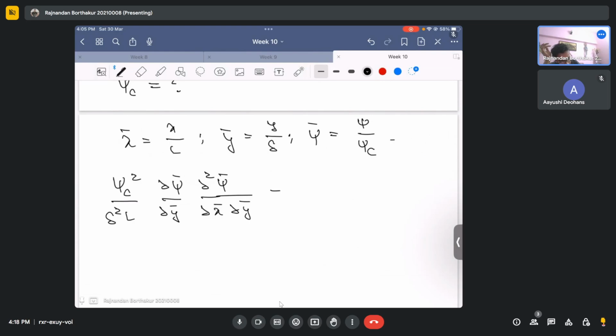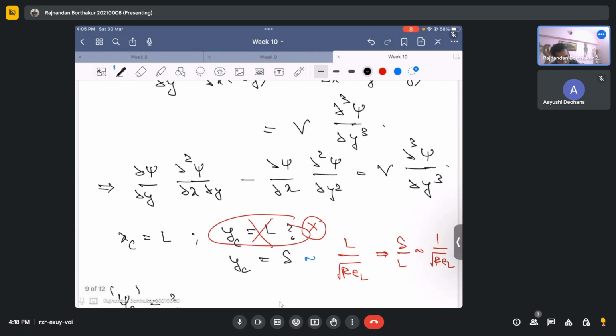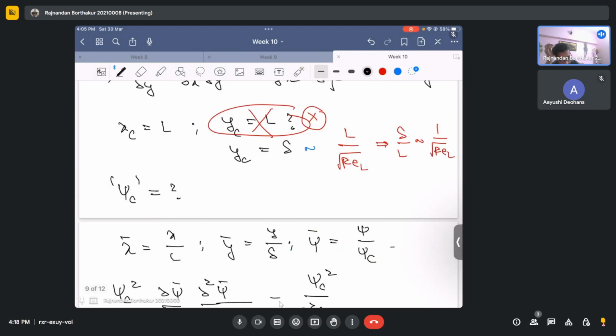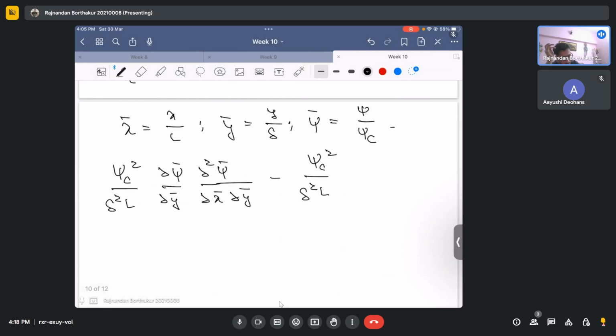The second term will also scale exactly the same. It will be psi c squared by delta squared L, because this term and this term are the same. You have del x by del y squared, and here you have the two y's along with x, which means your characteristic variables would be the same in the denominator and numerator as in the first term.